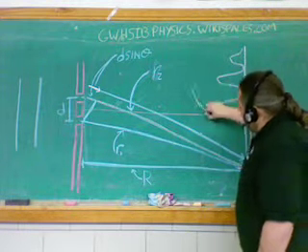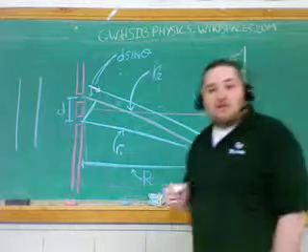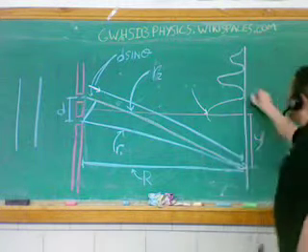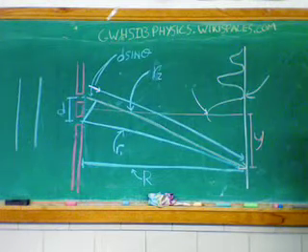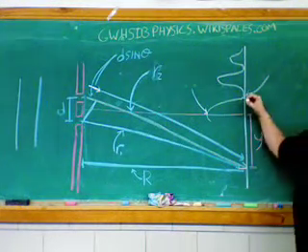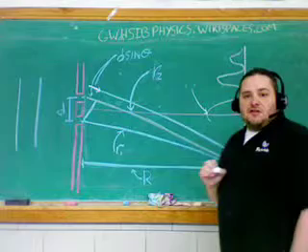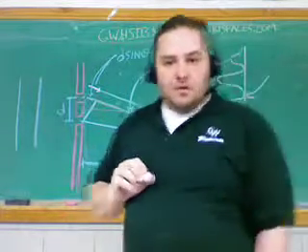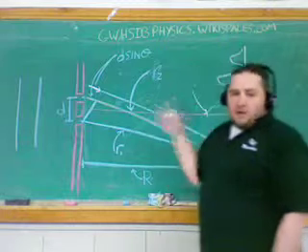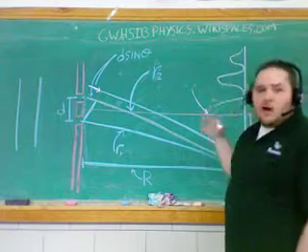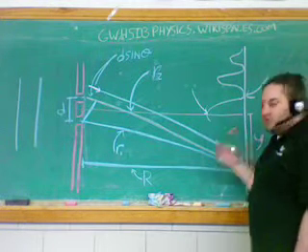So this point right here is going to be a point of constructive interference, where this point here is going to be destructive interference. Okay, so the dark spots are going to be destructive, the bright spots are going to be constructive. Cool?